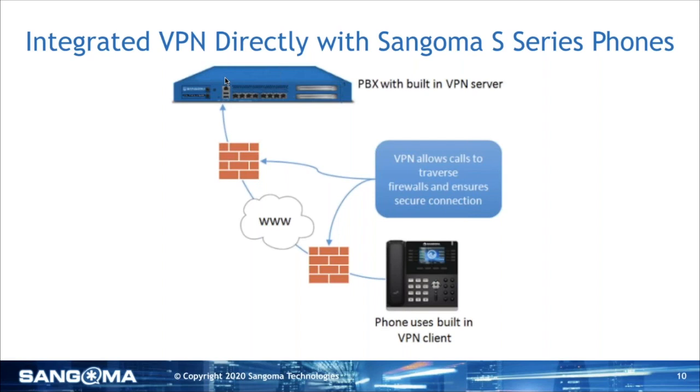We have a built-in VPN client in all of our Sangoma S-Series phones, and we have a VPN client within our FreePBX and PBXact servers, configured through Endpoint Manager, super simple to do. Using the VPN connection will create a secure encrypted tunnel between your endpoint, which is your phone, and your phone system. This is really just the simplest and most secure way of connecting a remote phone back to the PBX.